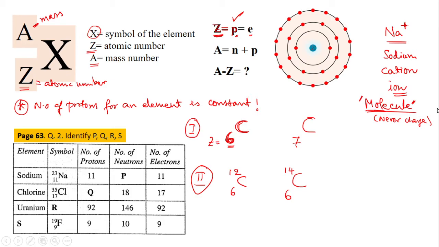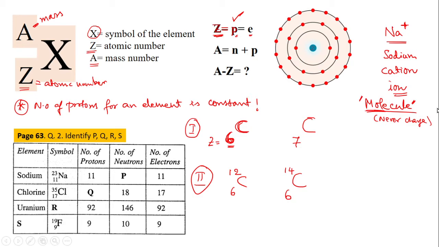All of us know by now that the mass of an atom is contributed by the protons and the neutrons. They are contributing to the mass. The electron is not contributing. That is why we wrote mass A is equal to N plus P. This is also fine.